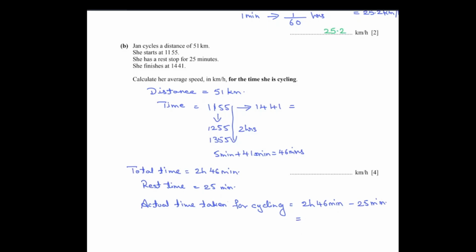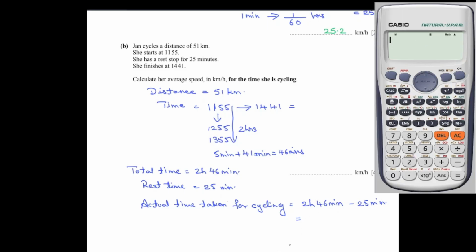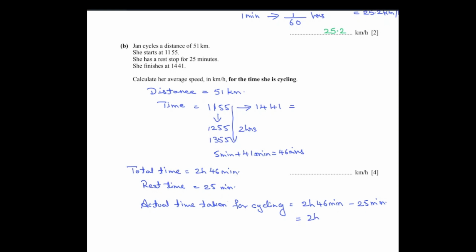So 46 minus 25 will be how much? 46 minus 25, 21 minutes. So she has taken 2 hours 21 minutes to cycle.